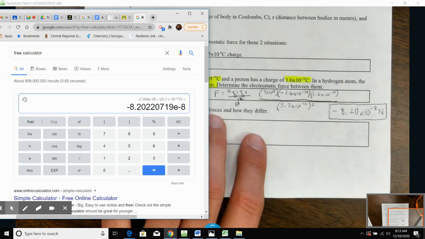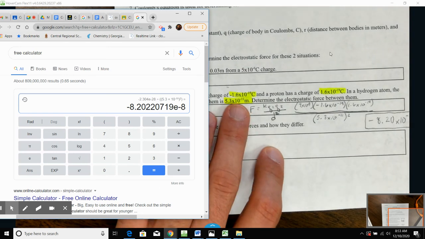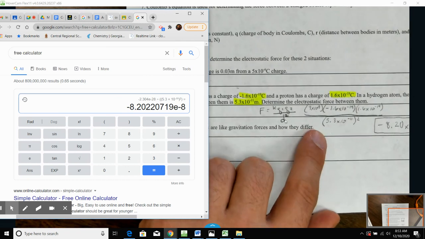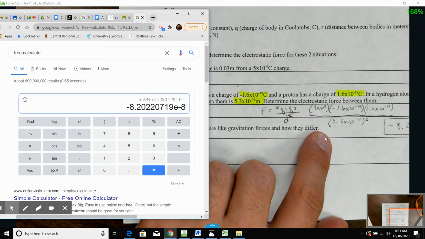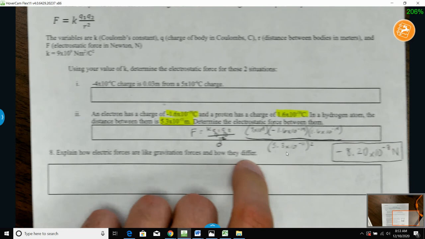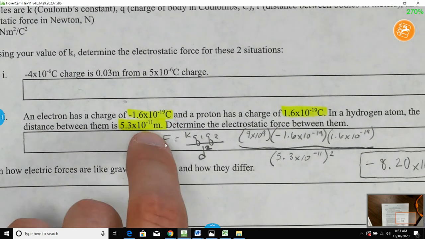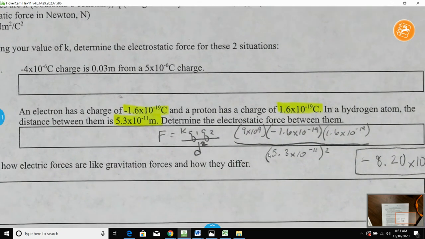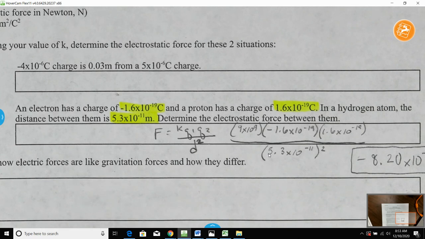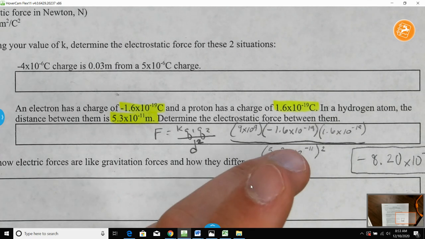So if the distance between your two charges has an exponent, when you type it into your calculator, do a double parenthesis.